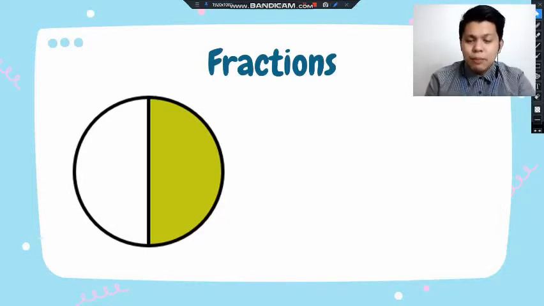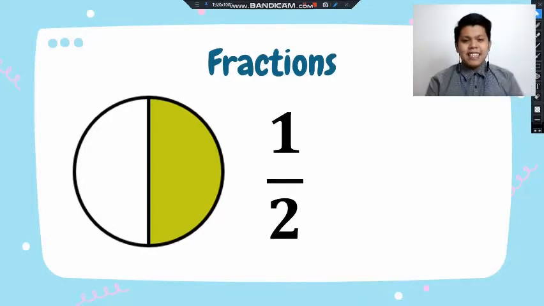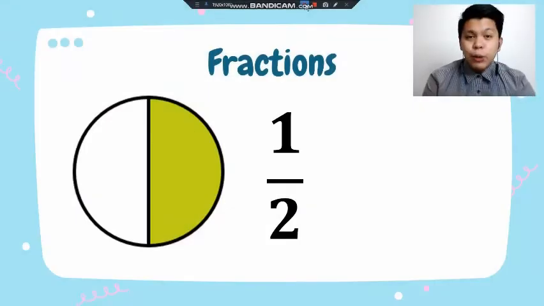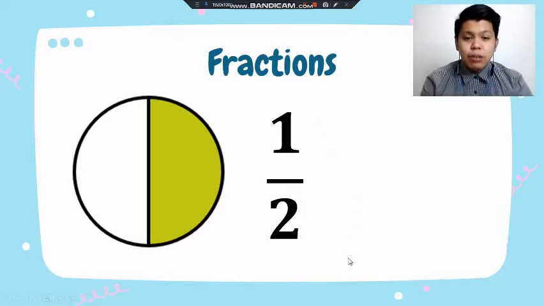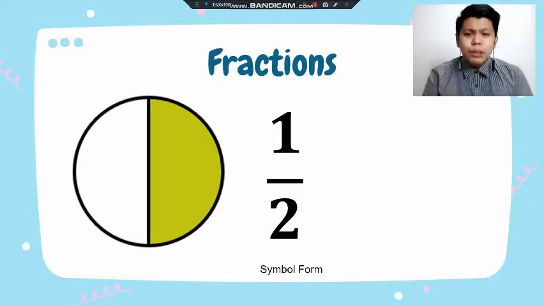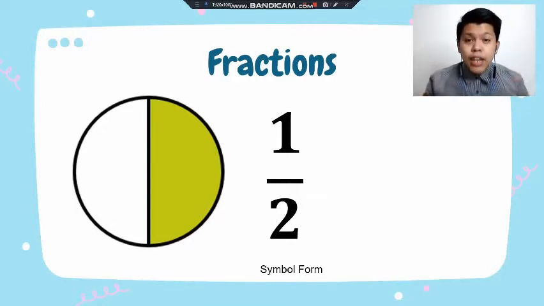So it will be written in symbol form of fraction like this. So remember, our 1/2 is our symbol form. Now, how do we read this so that we will know how to write this in word form? For all of the fractions that we will encounter, 1/2 will be read differently.